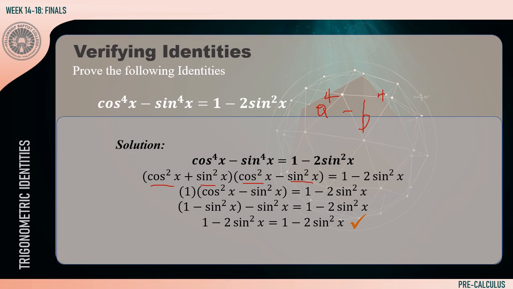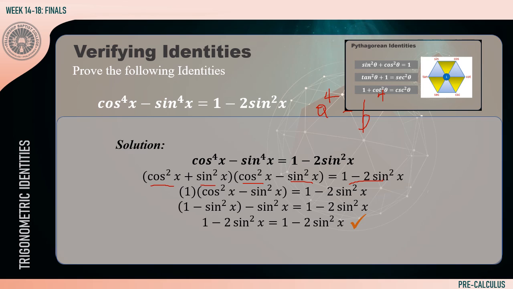So, ang goal nato ng atong answer will be 1 minus 2 sine squared x. So, take note nga based sa aton nga Pythagorean identity, we have sine squared theta plus cosine squared theta is equal to 1. So, automatically, will be equal to 1. Pagbutangan mo lang ang 1. Then, cosine squared x minus sine squared x, then copy ang right side of the equation.